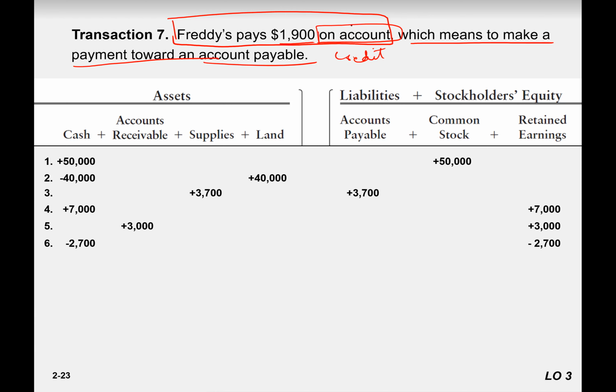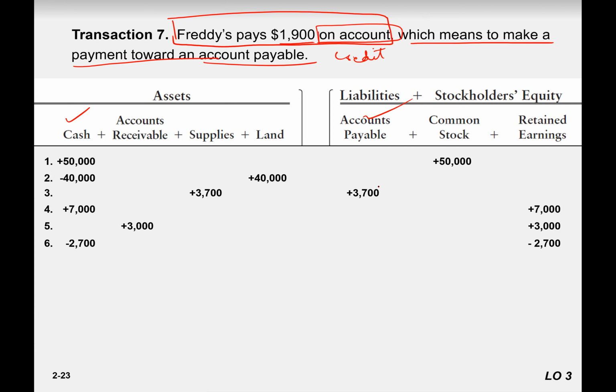So which two accounts are going to be hit in this transaction? Of course, you pay cash and accounts payable. How are we going to account for it? Because you pay cash, cash has a negative sign here, and through the payment of the cash, your liability will decrease or increase.